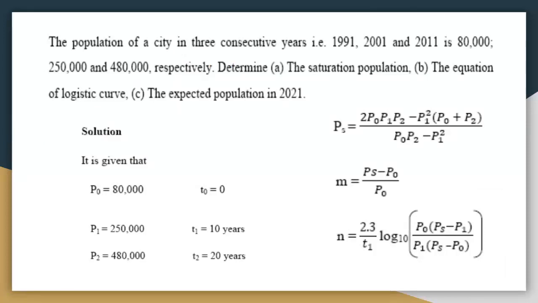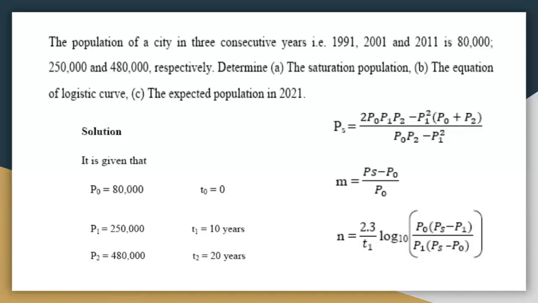The population of a city in 3 consecutive years, 1991, 2001 and 2011 is 80,000, 2,50,000 and 4,80,000 respectively. Determine the saturation population, the equation of logistic curve, and the expected population in 2021.